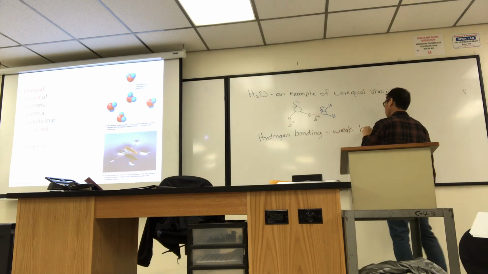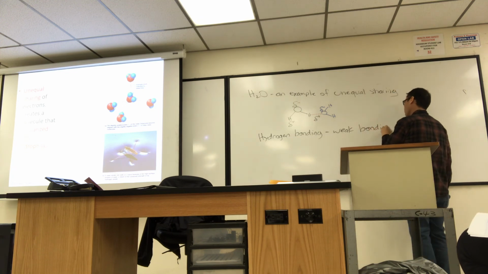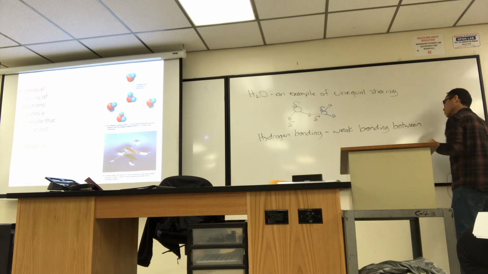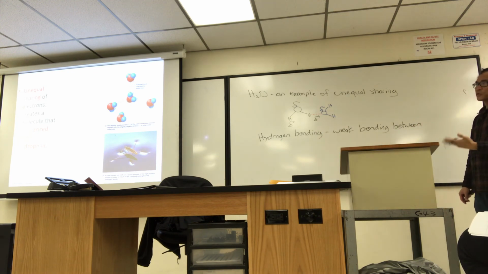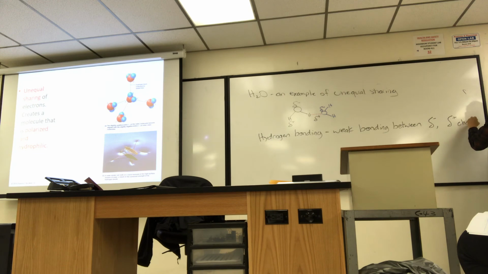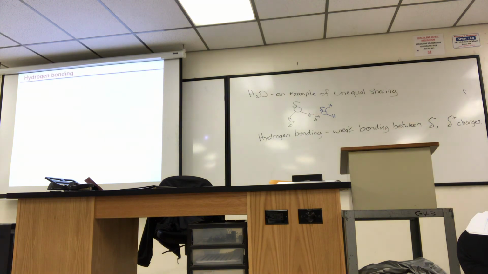I'll describe it as weak bonding between a partial negative, partial positive charge. Partial negative, partial positive charges. And water is a good example. Here's another slide showing you the hydrogen bonding of water molecules.